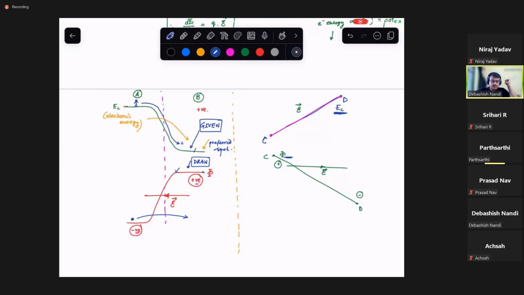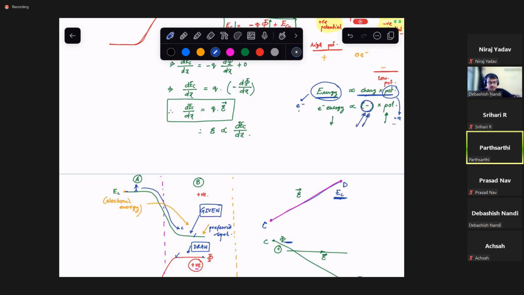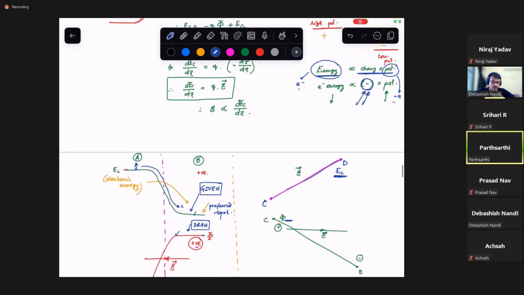Energy is proportional to potential times charge. For energy we generally consider electronic energy, and for potential we consider conventional potential, meaning positive charge means high potential. This difference of polarity introduces the negative sign. Do you get it now?